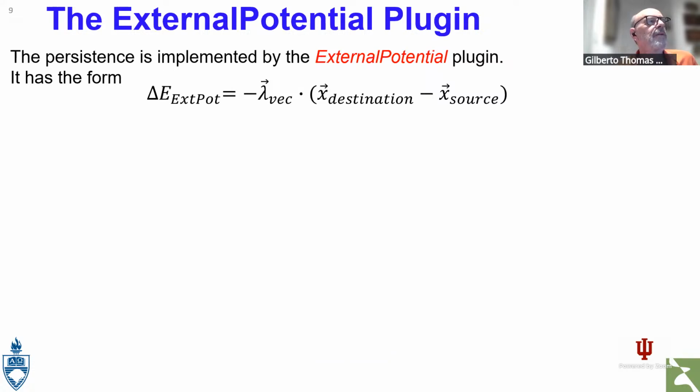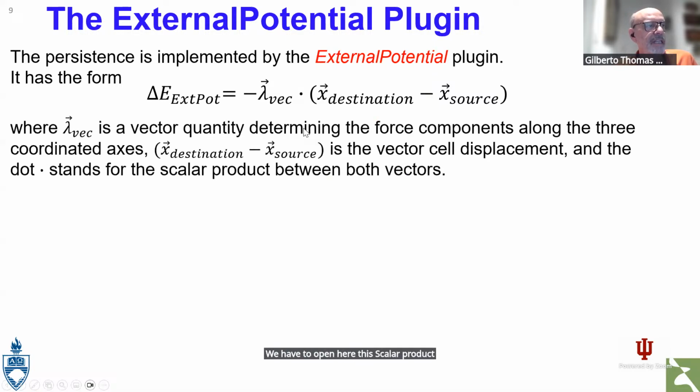So remember, since we have a vector, we have to open here this scalar product. And opening this scalar product, we are going to work with components in each direction of our system.